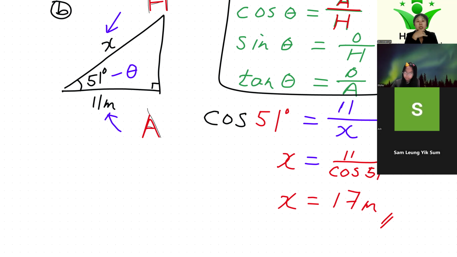I round the answer to the nearest integer. Integer meaning 整數, okay?